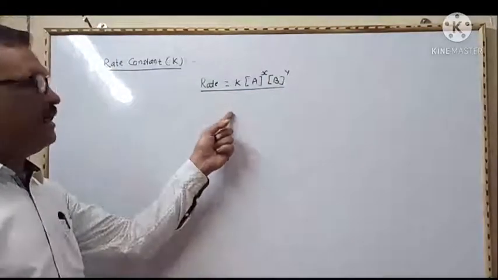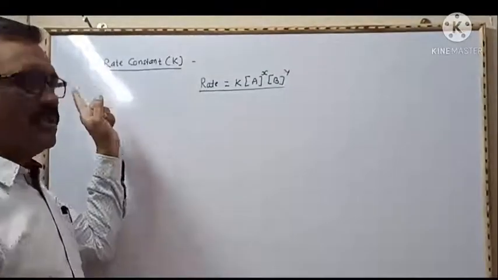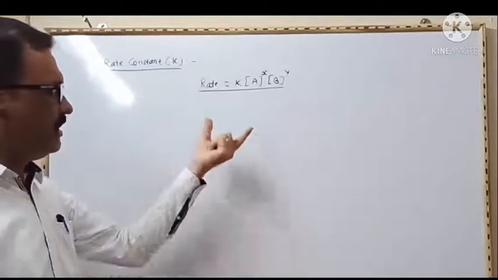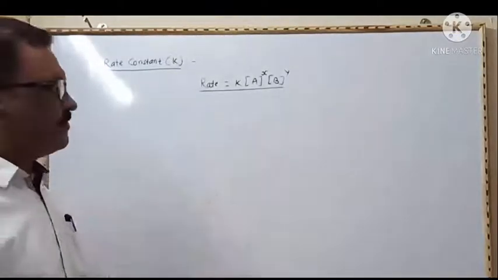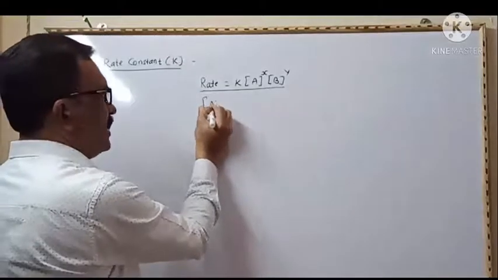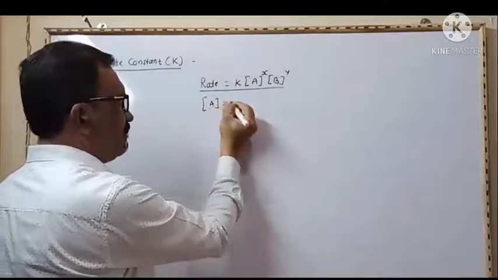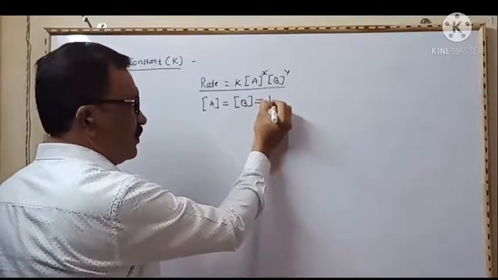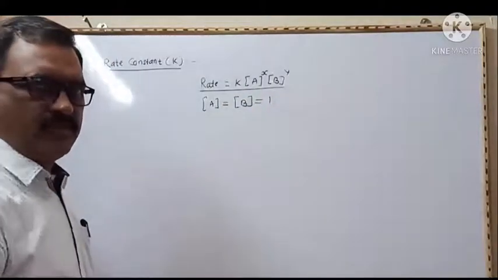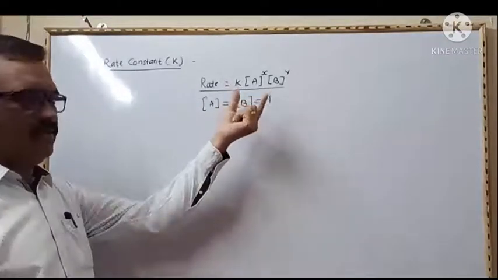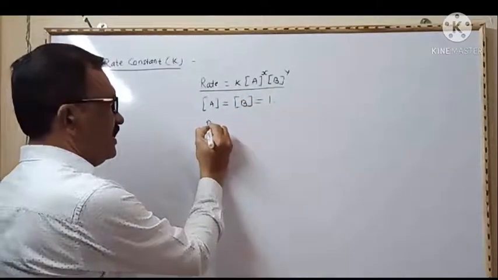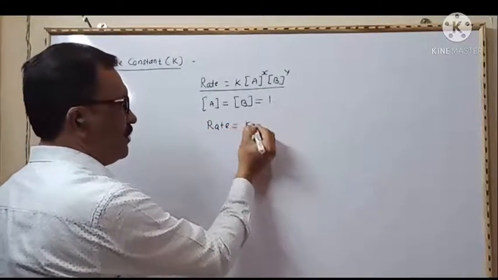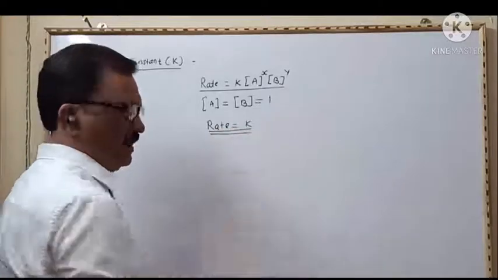Here K is the rate constant of the given chemical reaction. Okay? In this equation, when the concentration of A becomes equal to the concentration of B, which is equal to 1, after putting these values, the equation becomes: rate is equal to the rate constant capital K.